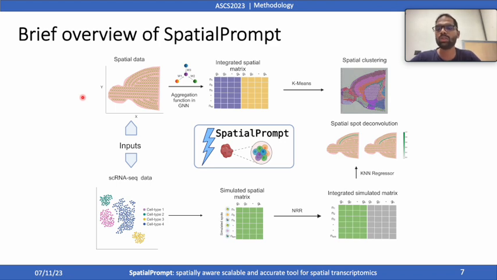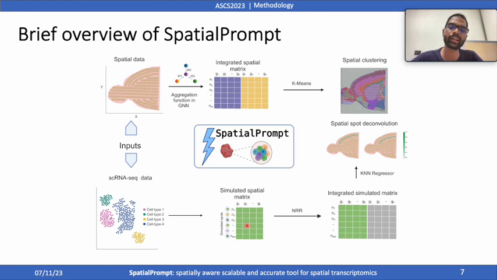Basically the input will be the spatial data with X and Y coordinates, and the single cell data having the cell type annotations. So what does the tool do? The single cell data is at single cell resolution, and the spatial data is at multicellular resolution. First, using a state of the art approach, we simulate spatial data from the single cell RNA-seq data.